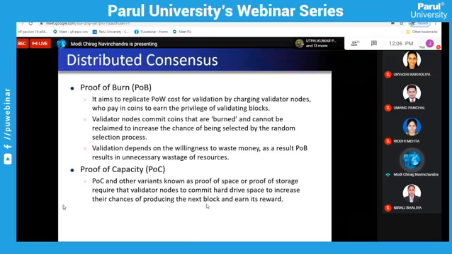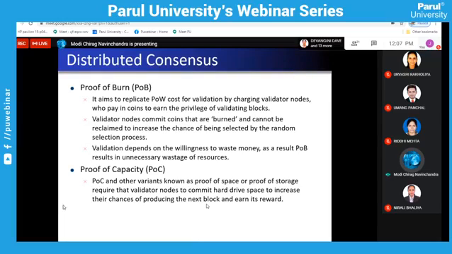Whoever is successful, that node will get the reward. And whatever you have spent to become a miner or validator, that money you cannot reuse again. So in proof of stake, you have to spend some coins, and if you are successful, you can get your coins back with some reward. If you are not successful, you will lose your money.